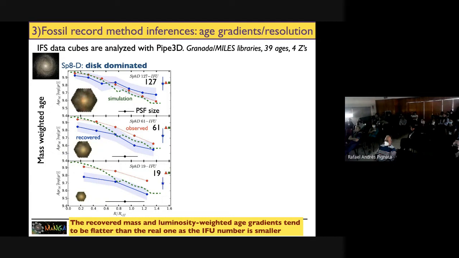The red one is how this gradient is seen after all these observational constraints, and the blue one is the one reconstructed with the stellar population synthesis. So when we have very good resolution, 127 fibers, more or less the age profile is well recovered. When we have less spatial resolution, you can see here the recovered profile is already not so good.